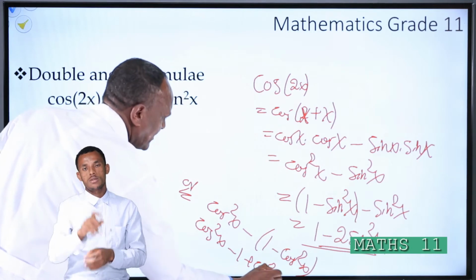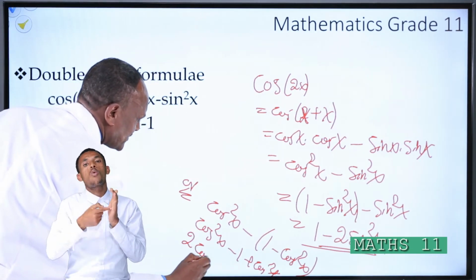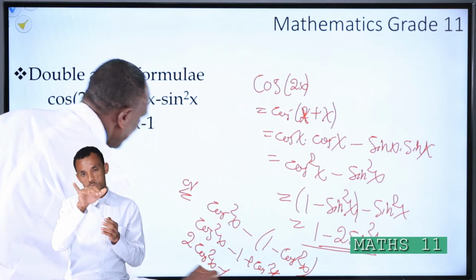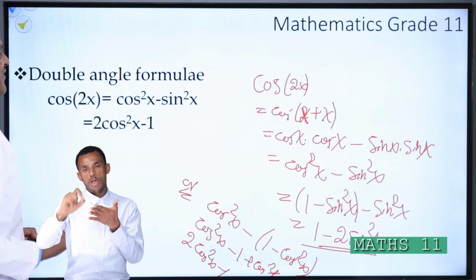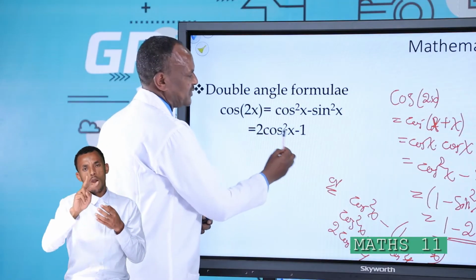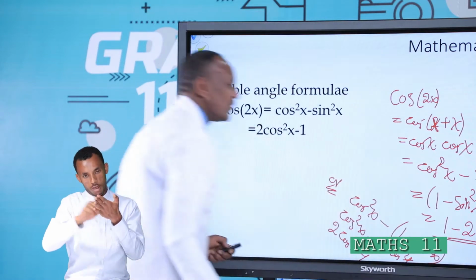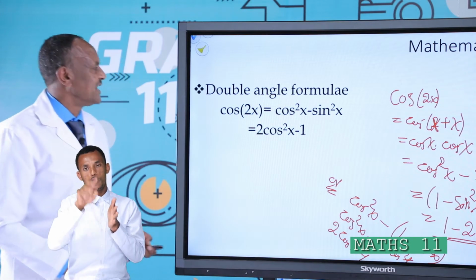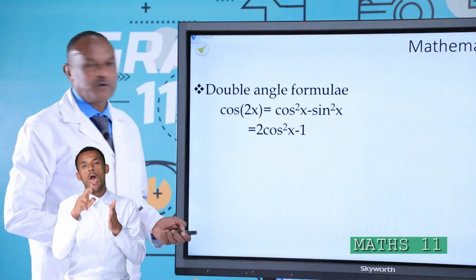Cos square of x plus cos square of x gives twice cos square of x minus 1, which gives that expression. So I may write cosine of a double angle as the difference between the two squares, or twice cos square of x minus 1, or as the difference 1 minus 2 sine square of x. So by applying some of the rules and identities, it is possible to calculate.